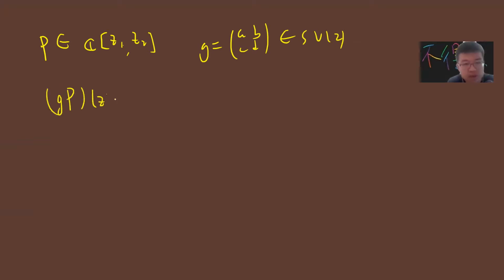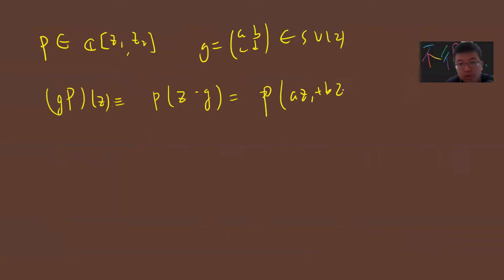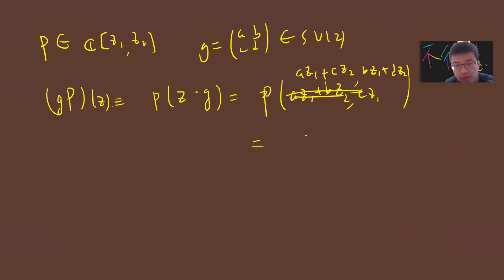This is the definition: G acting on p(z) is defined to be p(zG). So it's just p(az1 + cz2, bz1 + dz2). Then you can write this p in terms of your original basis. This is your representation.